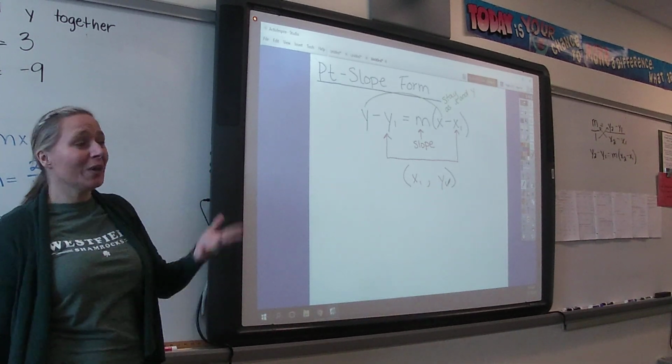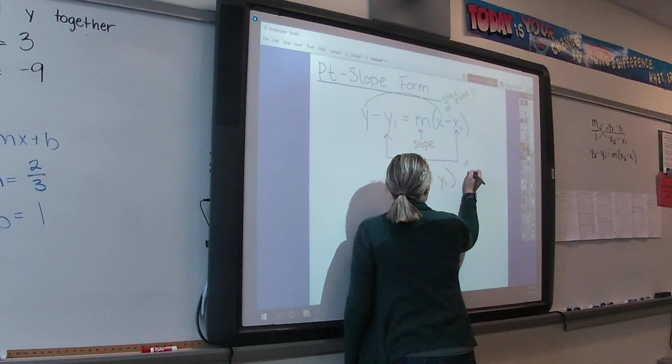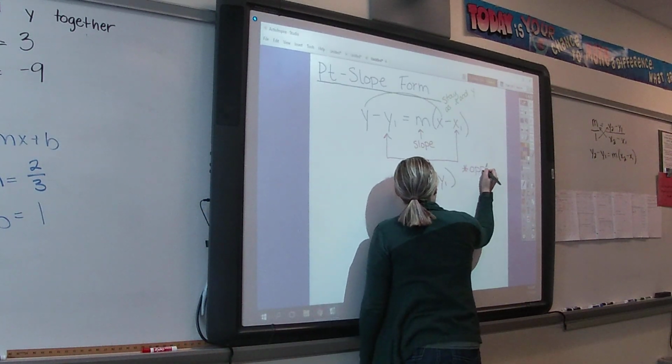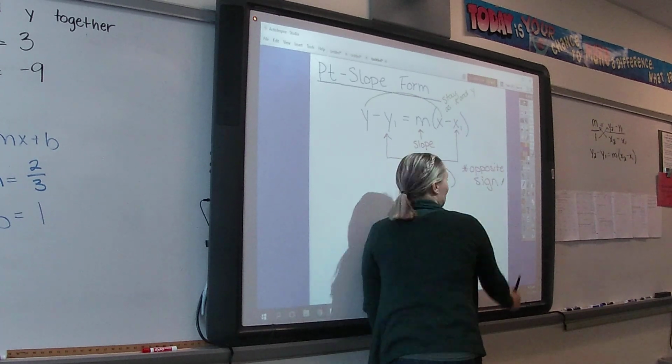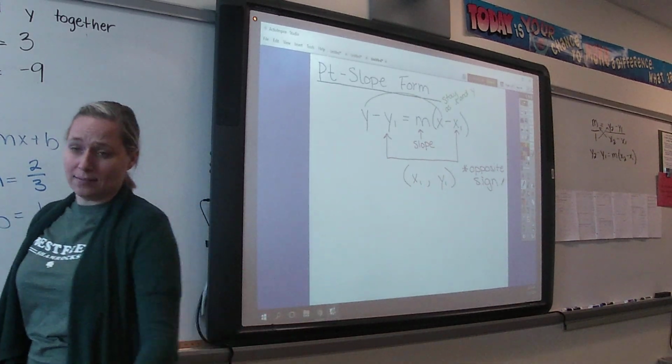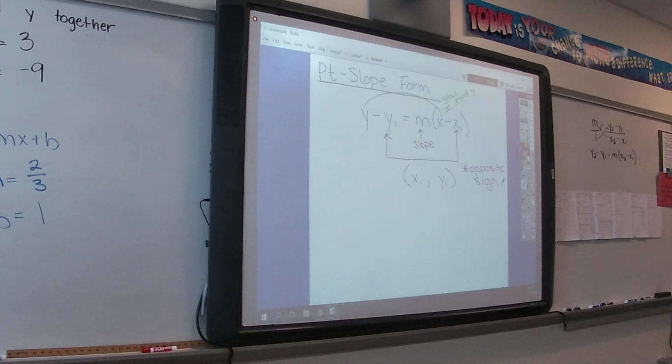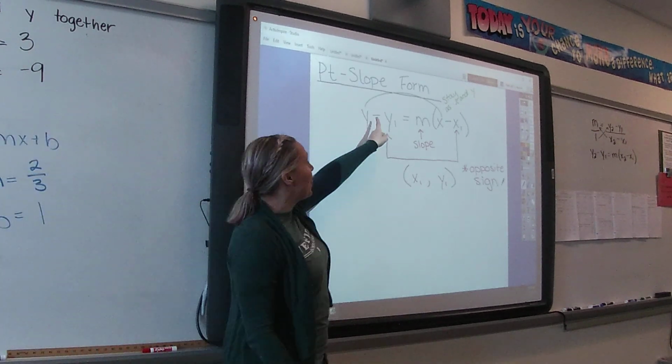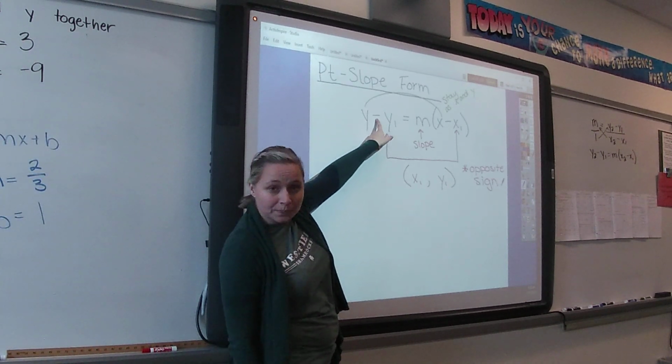And if that wasn't weird enough, we also have to take the opposite sign. If it's positive, make it negative. If it's negative, make it positive. Now, we know that we can read this symbol right here as a subtraction.